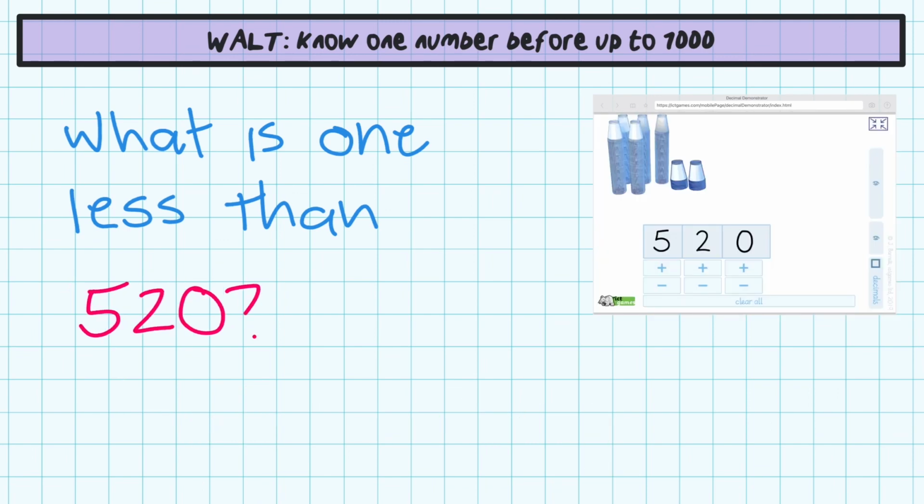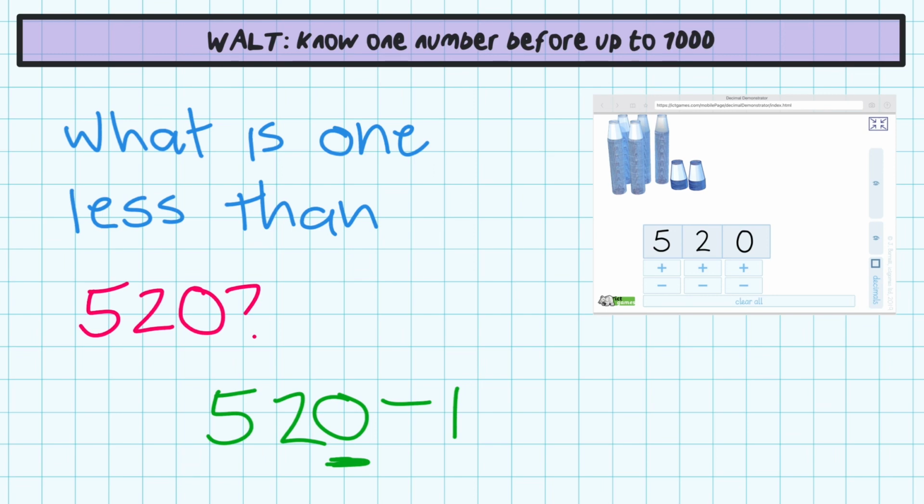Okay, this time we're going to do what is 1 less than 520. So we're going to go 520, take away 1. Now, same thing as before. We're going to start with our ones, and we've got 0 ones here. So over on our model, there's no cups to take away from our ones column. So we have to look at our tens column now.